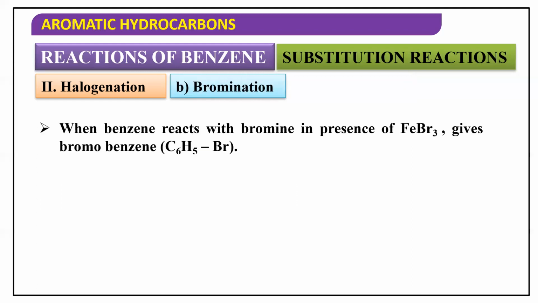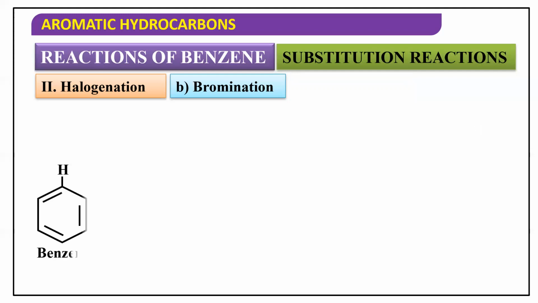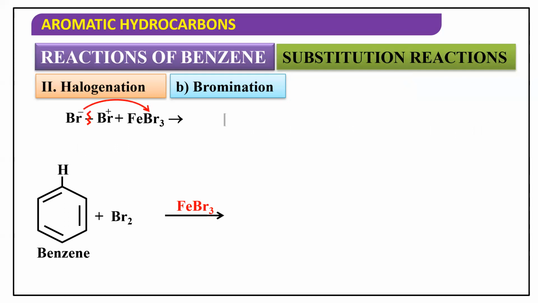Similarly, if bromine is substituted, we call it bromination. When benzene reacts with bromine in the presence of ferric bromide, it gives bromobenzene. So benzene, when it reacts with bromine in the presence of ferric bromide, will give us the electrophile. Who is the electrophile? Br plus is the electrophile.